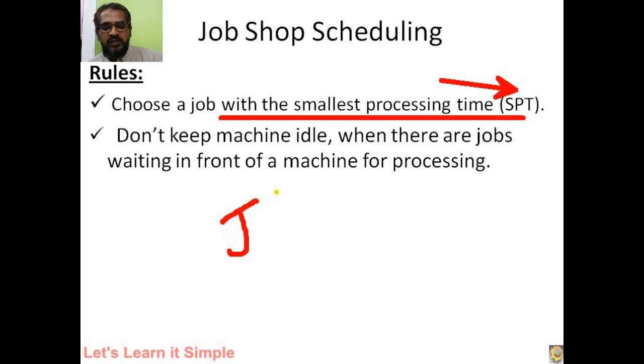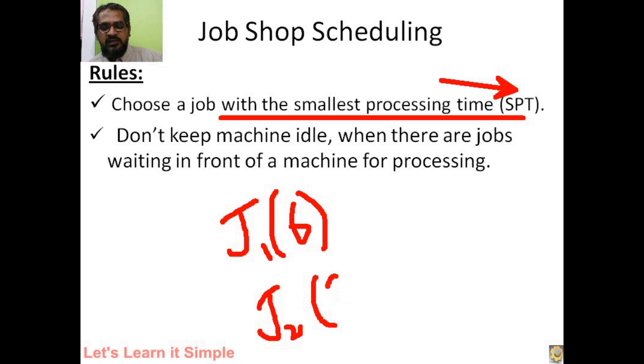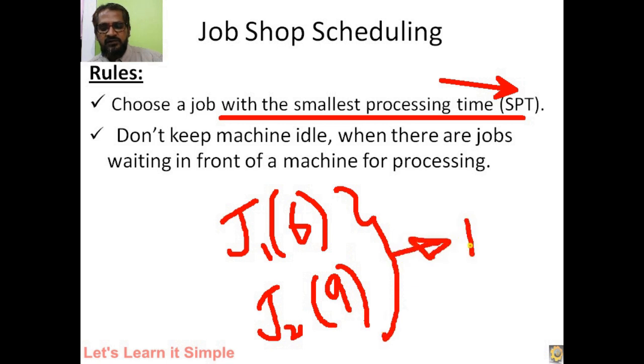Suppose you have job 1 with a processing time of 6 time units and job 2 with a processing time of 9 units, and both need to be processed in the same machine, say M1. In such a case, we follow SPT.